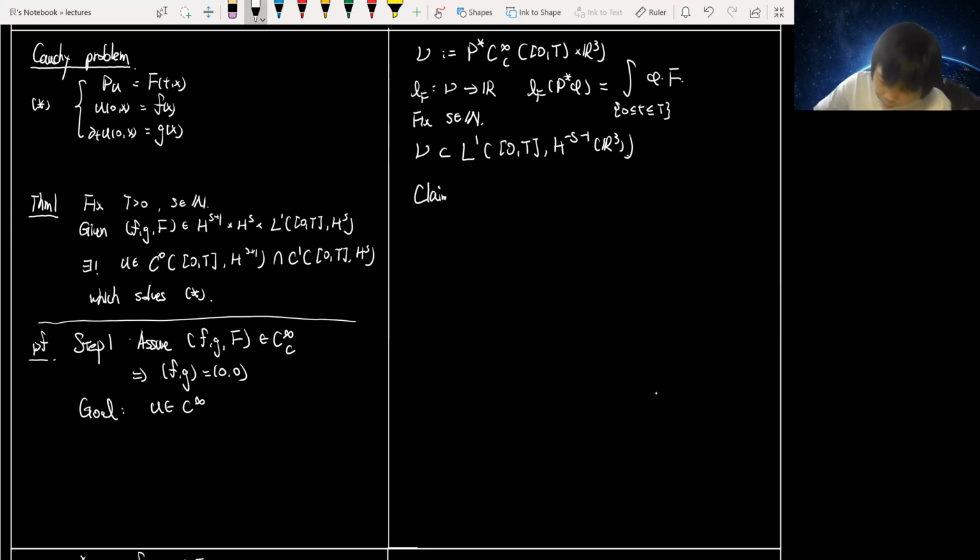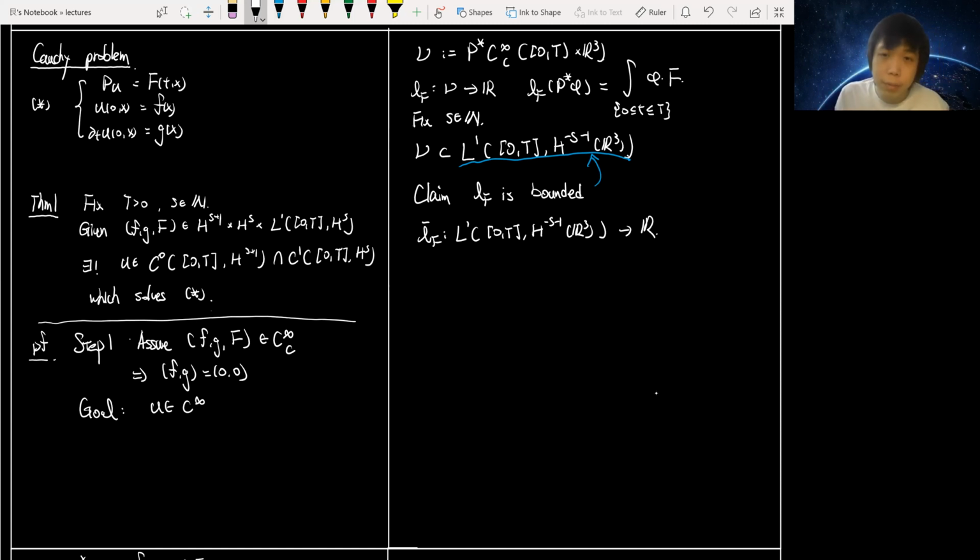And we claim LF is a bounded linear functional. It is bounded with respect to this norm. Suppose this claim is true, then by Hahn-Banach theorem, we can extend it to the whole space, which is still a bounded linear functional.